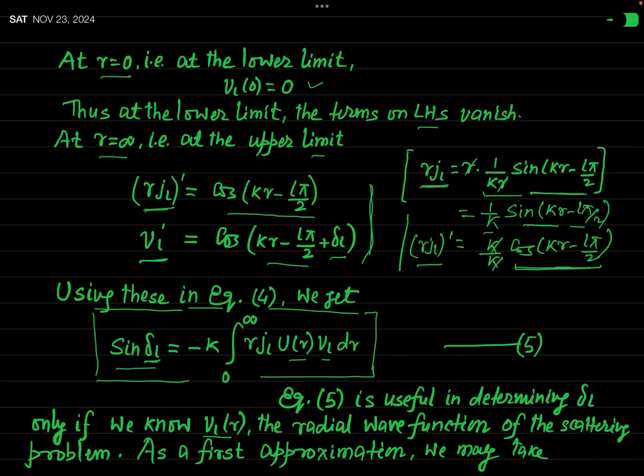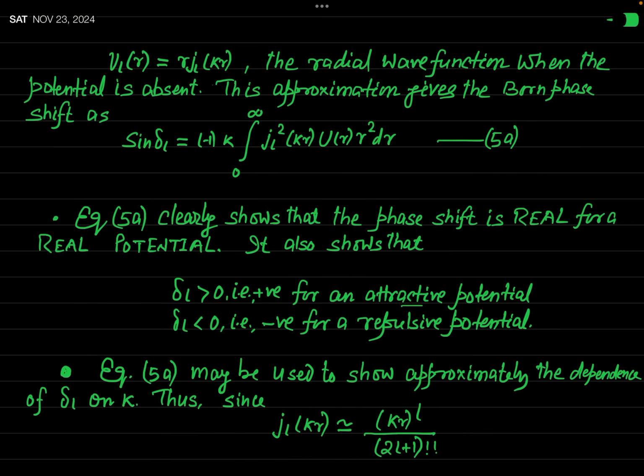So now, taking at first an approximate value of this VL of R for getting the value of delta L, let us see. This is an approximation: this VL of R may be taken as R times JL of KR, which is actually the radial wave function when the potential is absent, that is, when there is no potential.